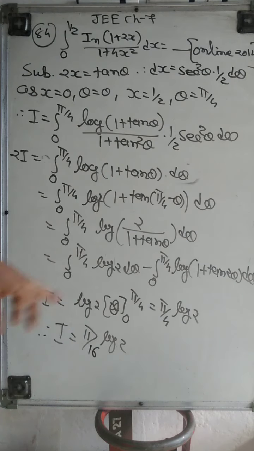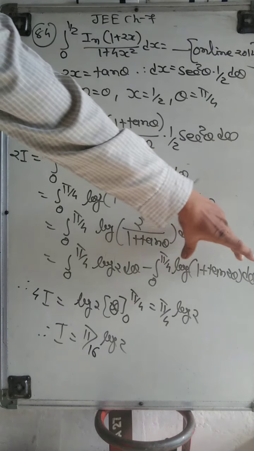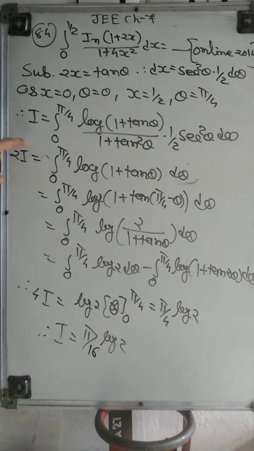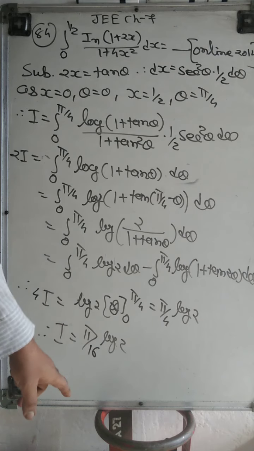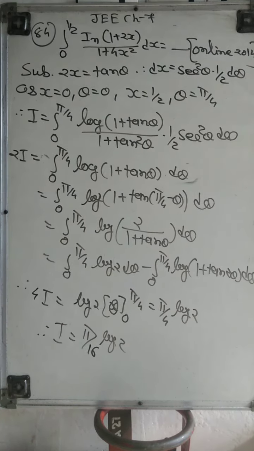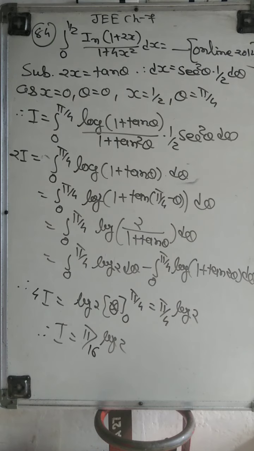So pi by 16 log 2 is the answer. Here we replace this by 2I, not I, because this is 2I. This is I, but this 2I is there because 1 by 2 is there. Therefore there was some mistake, pi by 16 log 2. Okay. So this way we can complete our sum. Now we go for the next.